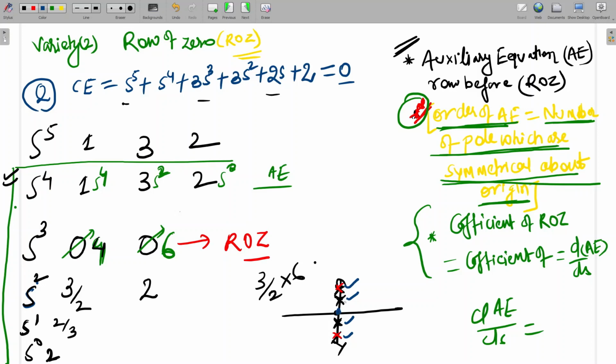So whatever pole is there, a symmetrical pole will be there. If let's say one pole comes here, then its symmetric pole will come here.